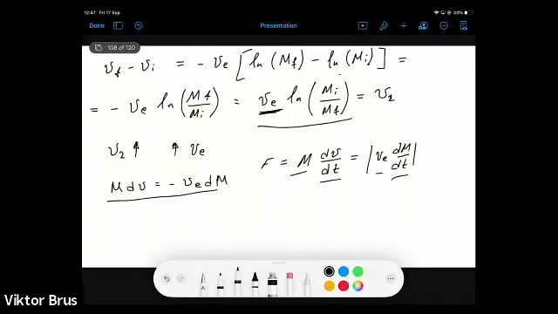So we see from here that this force which drives the rocket, the propulsion force, will increase again if the exhaust velocity increases, and on top of that we also want to have the maximum burning rate. So dm over dt shows how much of the fuel is burning in the rocket per unit time.